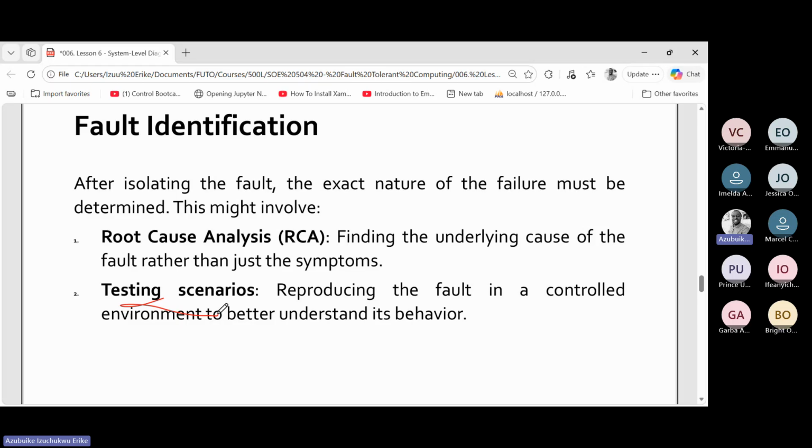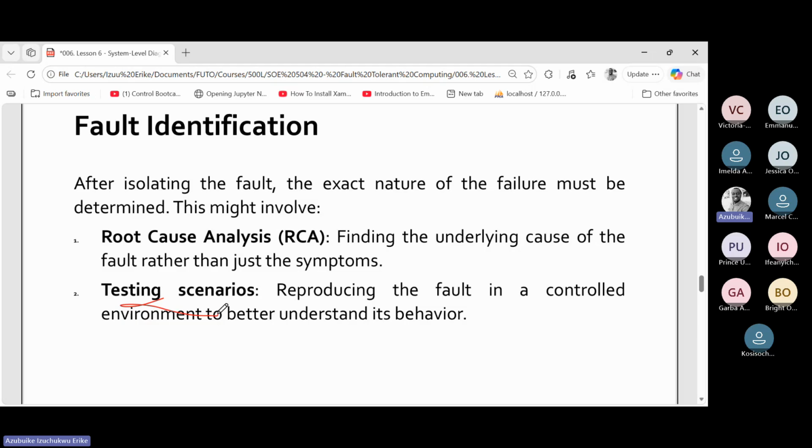You reproduce that fault in a controlled environment to better understand how it behaves. For instance, you will get a sensor and pass a certain amount of voltage into it to know what the reaction of that sensor will be towards the voltage input. So if you find that indeed the failure of this particular sensor was as a result of a surge, then you have established an understanding of that.